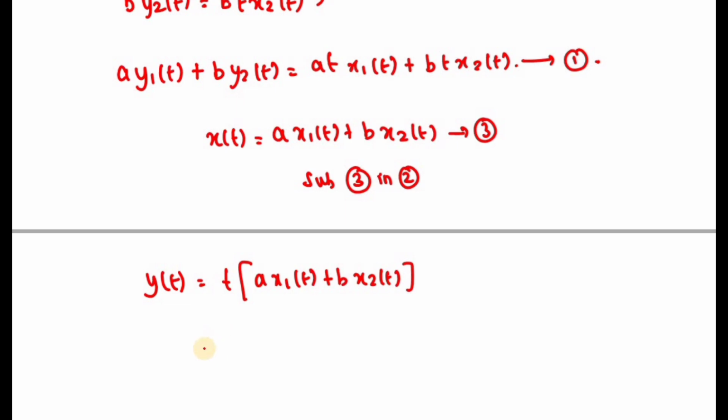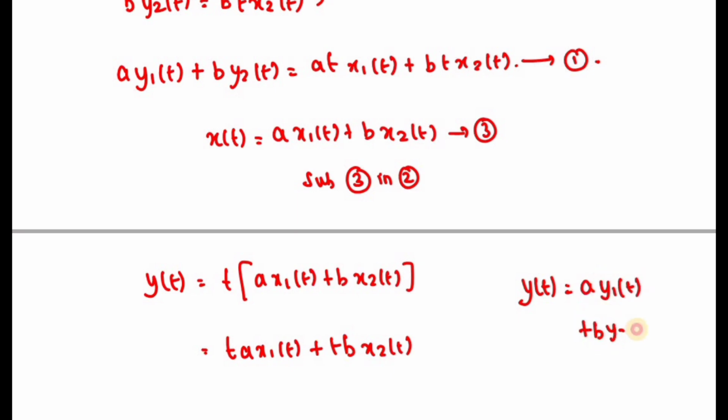So that is equal to t a x1 of t plus t b x2 of t. Okay. So I can write this y of t is equal to a y1 of t plus b y2 of t. Okay. So if I substitute this one, I'll get a y1 of t plus b y2 of t.